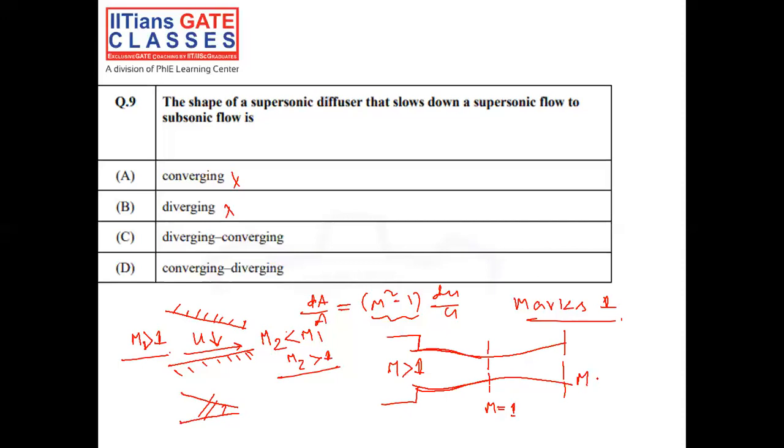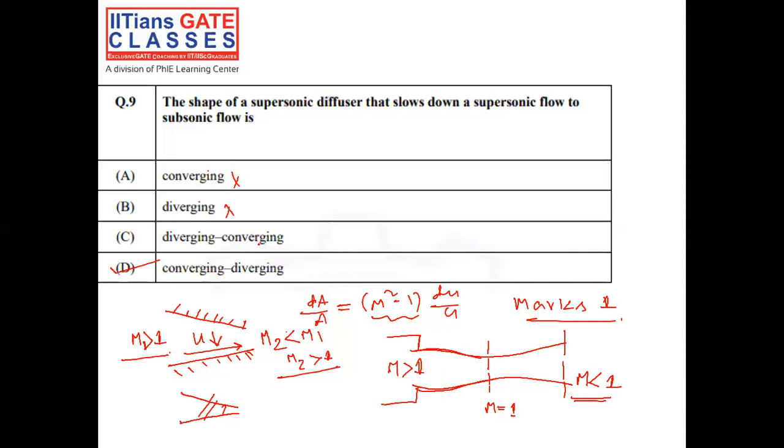Okay, so here M is less than 1. So in the convergent-divergent duct, we get a subsonic velocity at the exit of the nozzle for supersonic flow inside the nozzle, right? So this is the correct option.